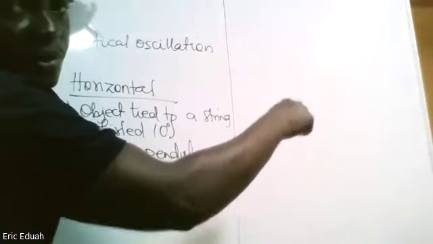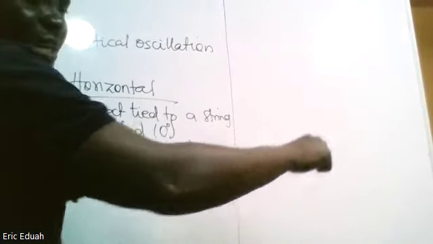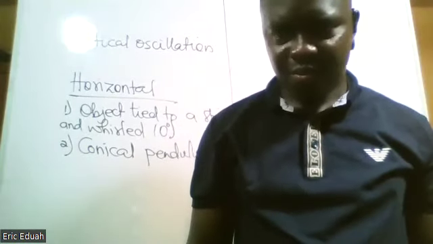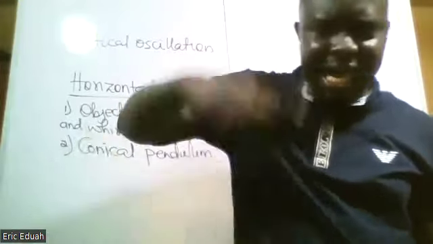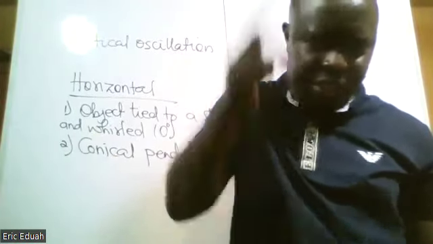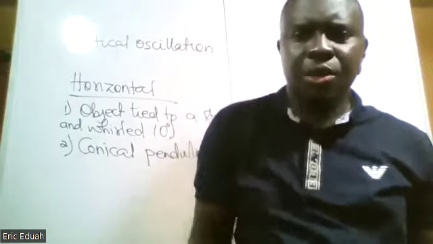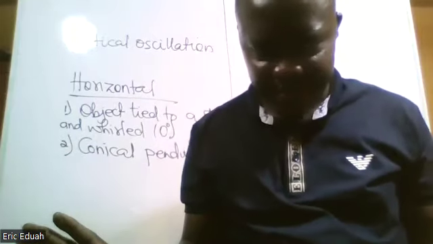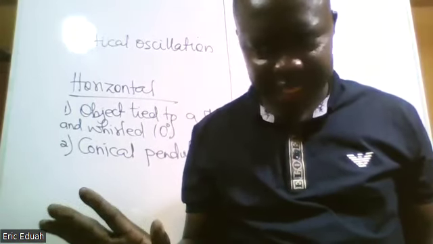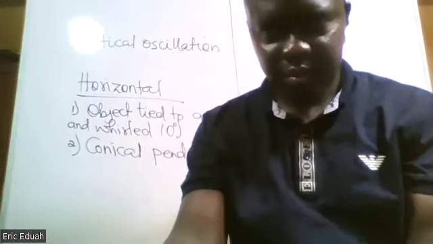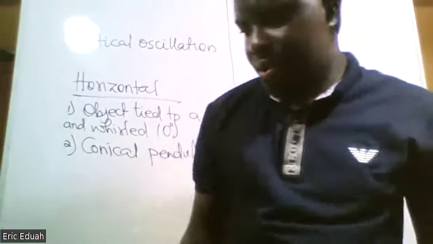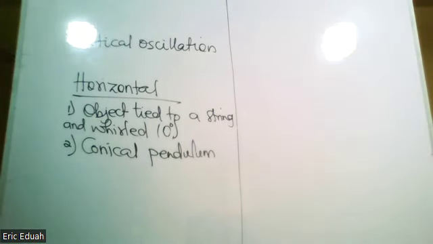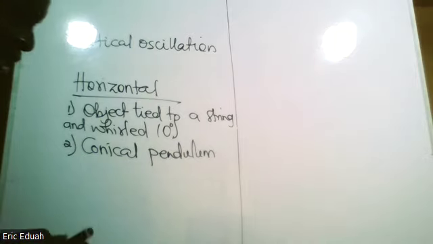An application of this is the merry-go-round, the roller coaster. So that is a practical application of vertical revolution, where the object revolves along the vertical plane. Are we okay with that? Yes. So the roller coaster or the merry-go-round is an example of vertical oscillation.